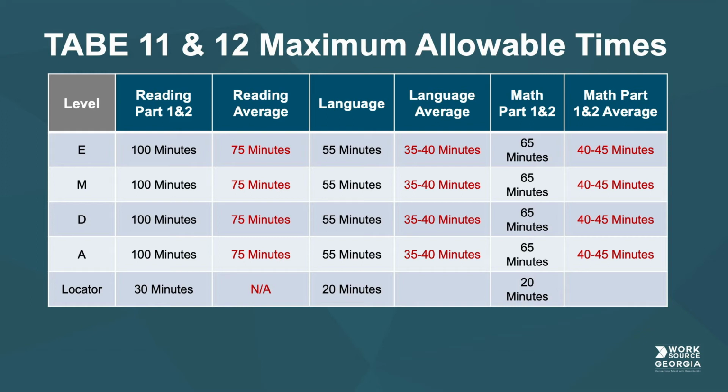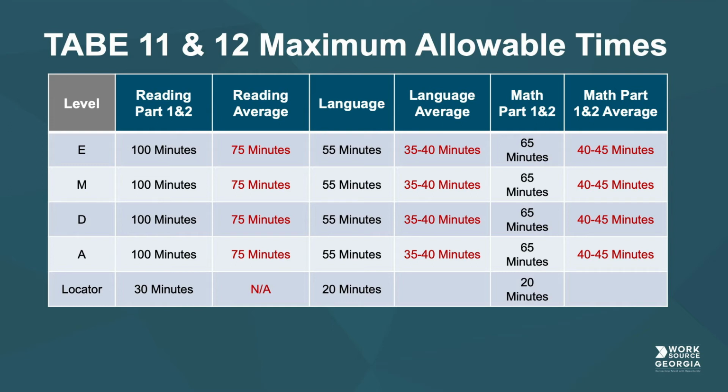And as you can see in this slide, we have this table provided by the DRC that talks about the minutes allowed per part and the average time that it takes a test taker to complete those sections. For example, you have reading parts 1 and 2, and the allowable time is 100 minutes, and they are saying that the typical test taker takes about 75 minutes to complete these 2 parts.